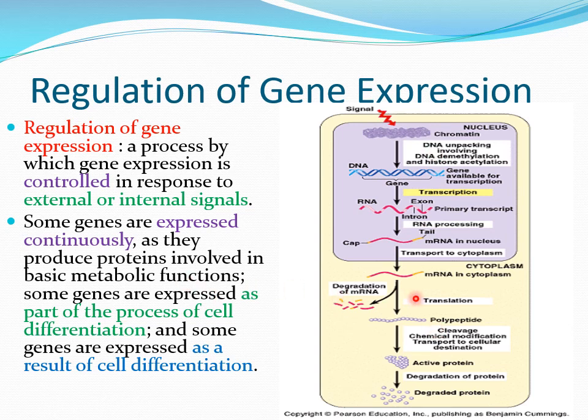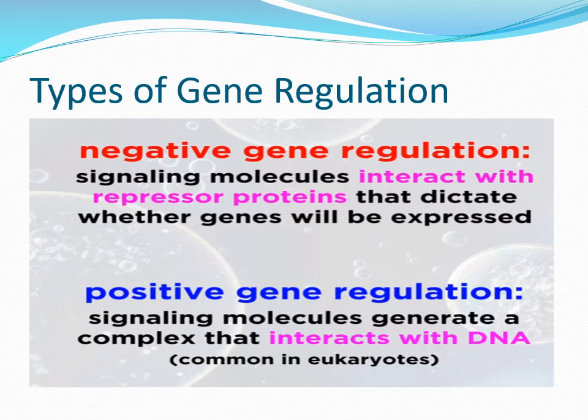As we have already talked about in our previous videos on regulation of gene expression in prokaryotes, there are some genes which are expressed continuously, others are expressed during differentiation, and many as a result of cell differentiation. So this gene regulation can be of two types: the negative gene regulation and the positive gene regulation.